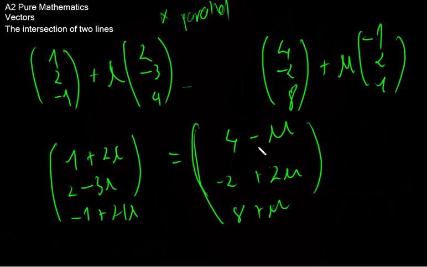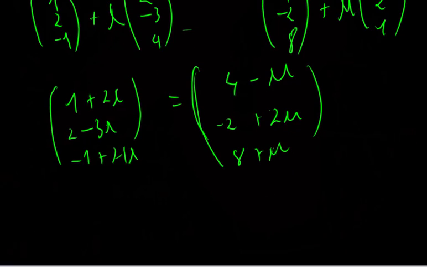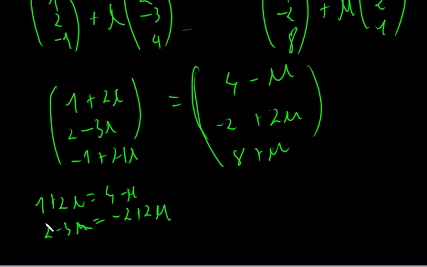Now these two intersect, so we must have 1 plus 2 lambda equal to 4 minus mu, and 2 minus 3 lambda equal to minus 2 plus 2 mu. From these two equations, we can find mu equal to minus 1 and lambda equal to 2.